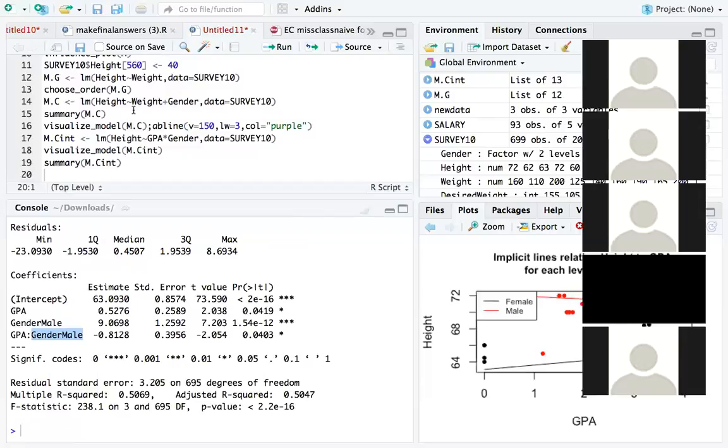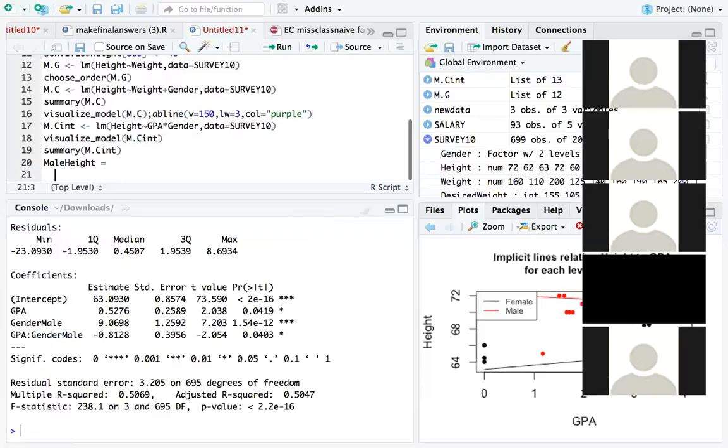I'll start writing out the male line right here. This is male height. So try to think for a moment and be like, what is the coefficient of GPA when somebody is male? Well, what happens when we write this model out here?